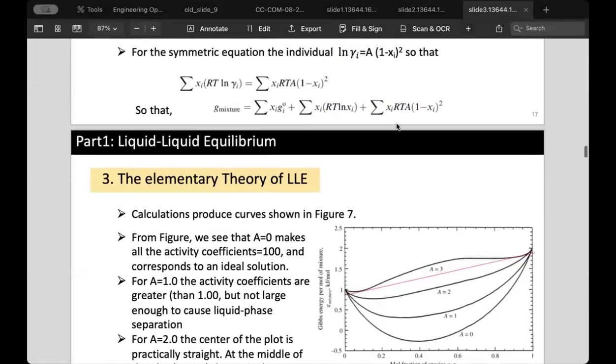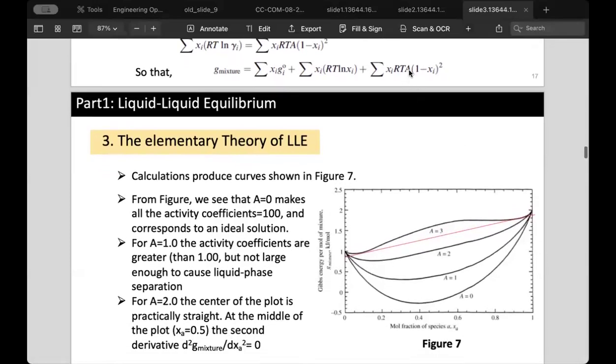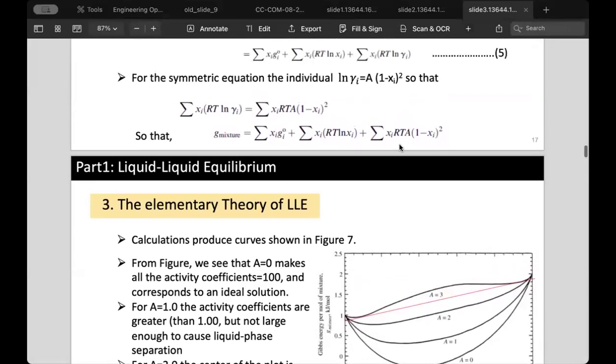For example, if we use this model and change this A parameter, we only have one parameter here. If A equals 0, then log gamma becomes 0. What does it mean?